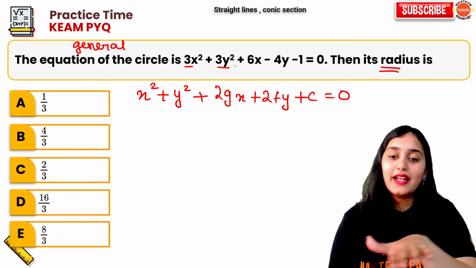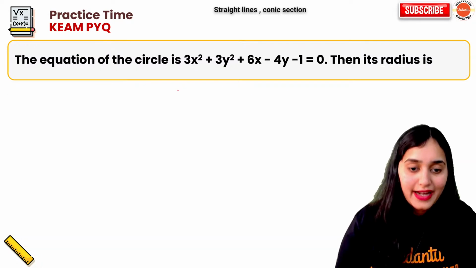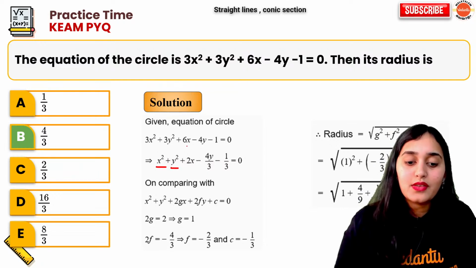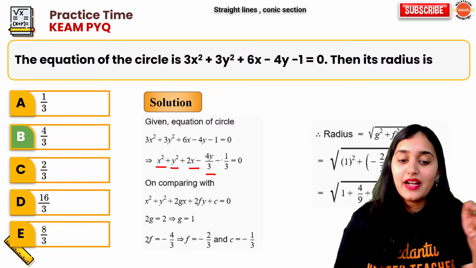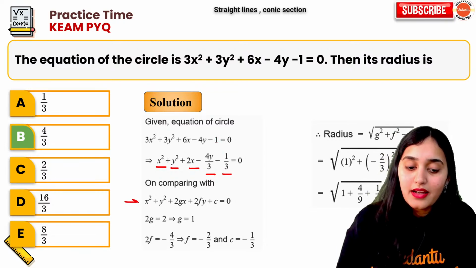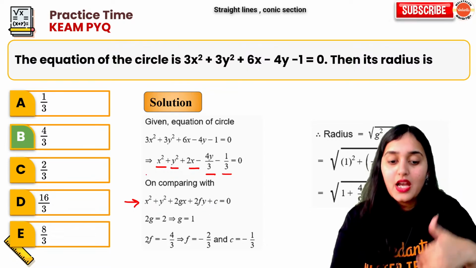I can divide the entire equation by 3. Now, if I divide the entire equation by 3, my equation becomes x square, y square, 6 divided by 3 is 2, 4 divided by 3 is 4 by 3, 1 divided by 3 is 1 by 3. Okay. Now I compare it with my general equation, x square, y square, 2gx, 2fy plus c is equal to 0. So what do I get?